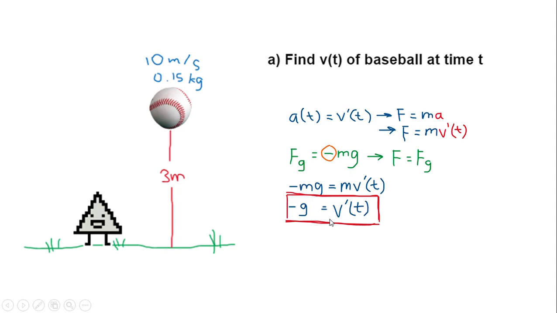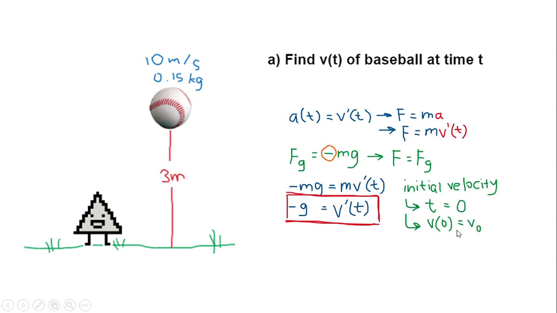with respect to t. Now another important thing to take note of is the initial velocity of the baseball. What is initial velocity? Initial velocity is the velocity of the baseball when t equals 0. And we can notate this as v(0) or v0.